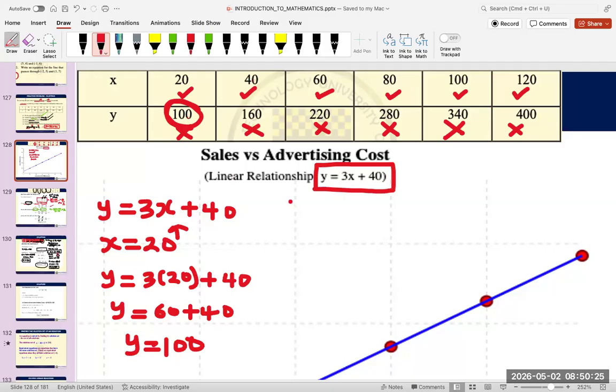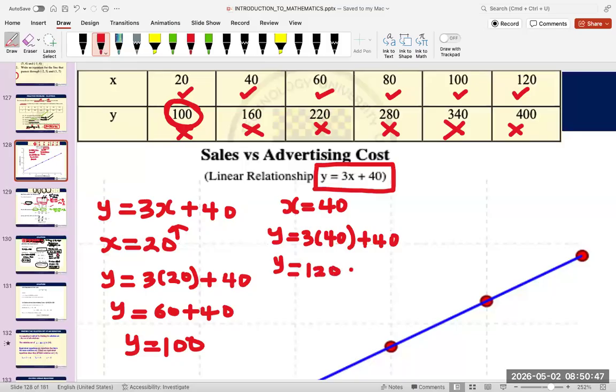What about the second one, when x equals 40? Let's check that one too. When x equals 40, you have y equals 3 times 40 plus 40. So we have y equals 120 plus 40. So finally, y gives us 160. That's what you are finding here. Let's do the last one.